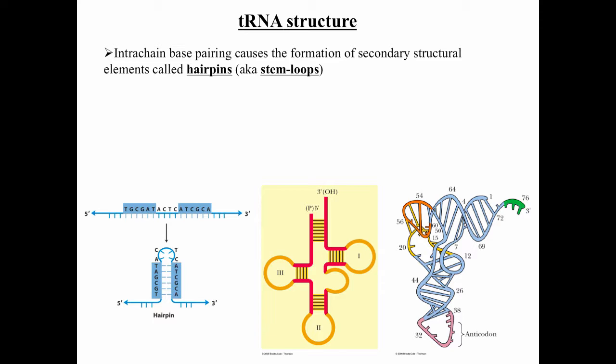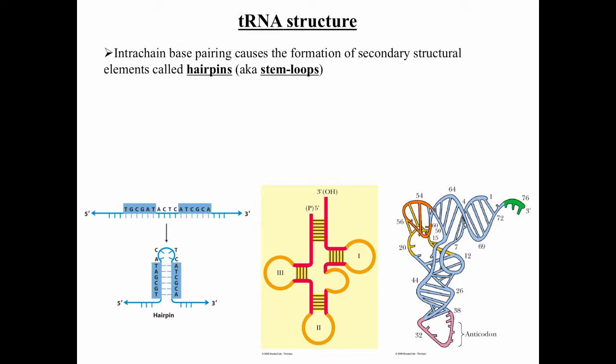The complementary sequences can base pair with each other, and then the non-complementary sequence forms this bulb. That's what we call the stem loop or hairpin structure. And so the transfer RNA has essentially three of these stem loop or hairpin structures in its overall three-dimensional structure.